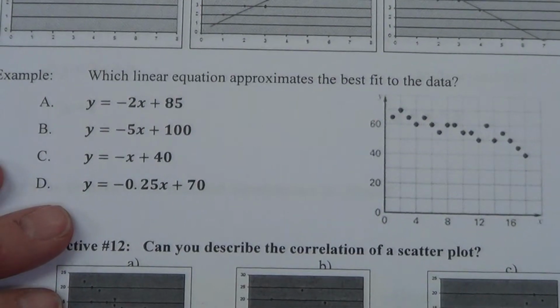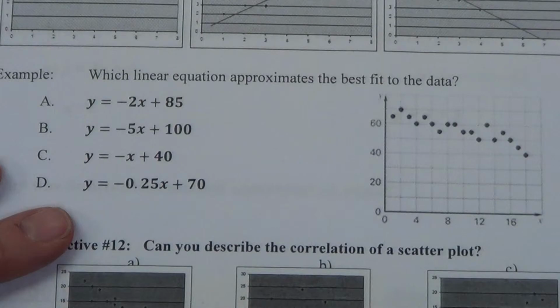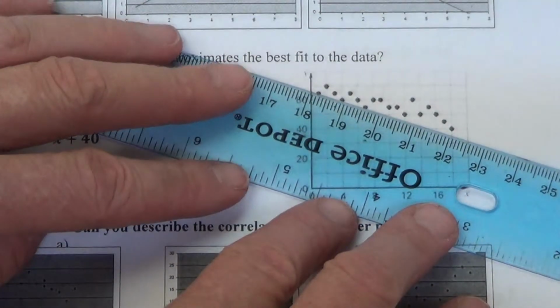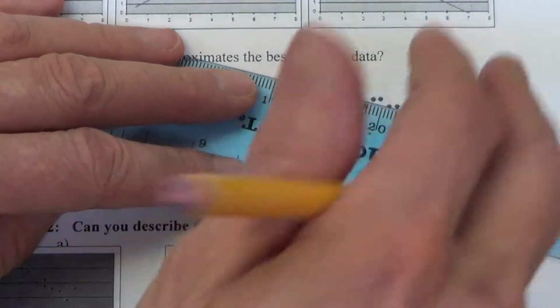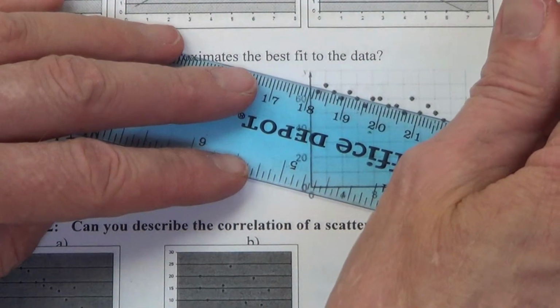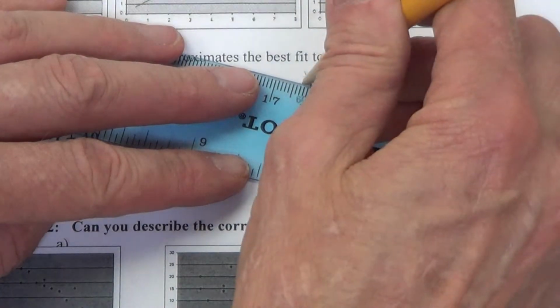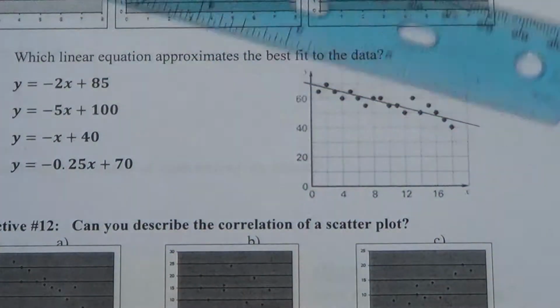Okay, which linear equation approximates the best fit of the data? Well, we need to kind of fill in a line where it's through the median of these points. That's what I like to say on our lines.